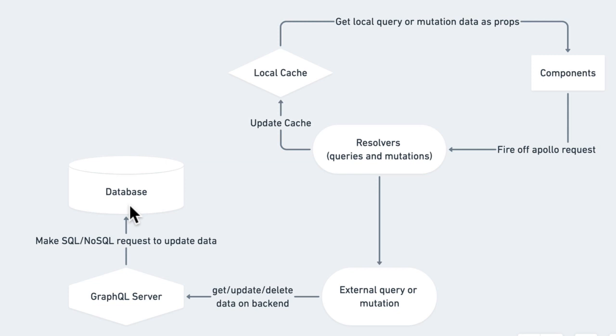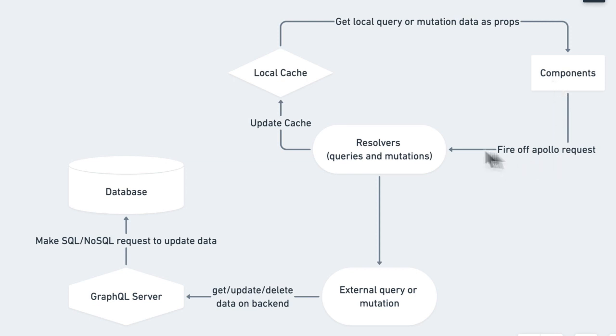So if you were to ever look at a GraphQL backend server, you would also see resolver functions, because those resolver functions are what allow the GraphQL server to know what exactly users are allowed to query for or allowed to mutate.